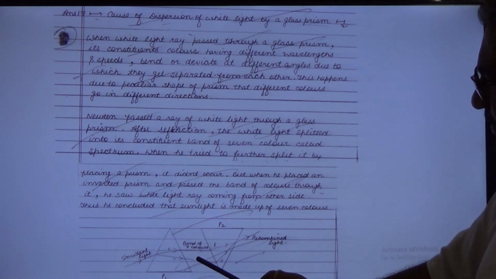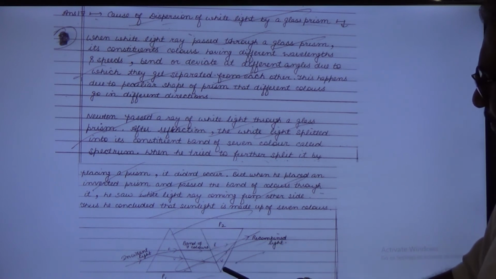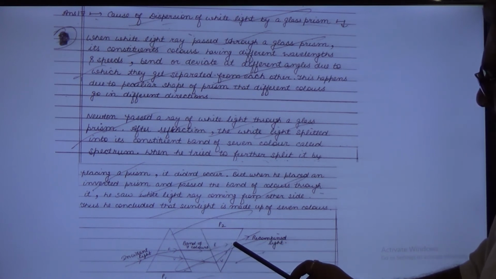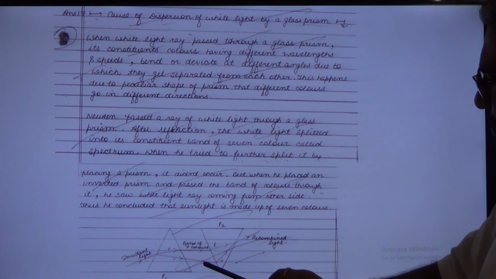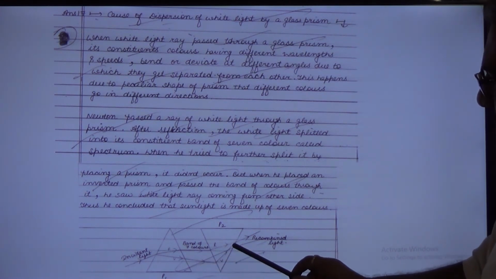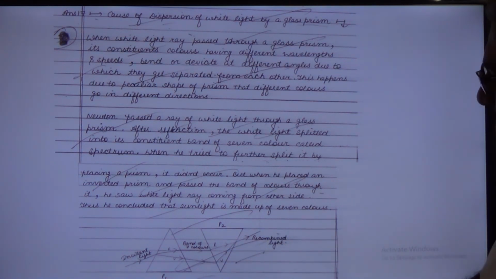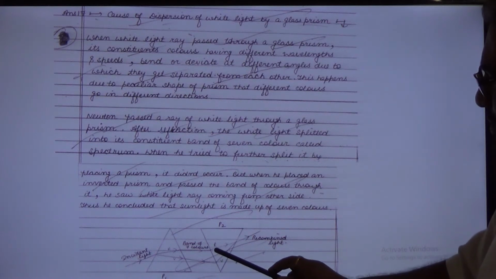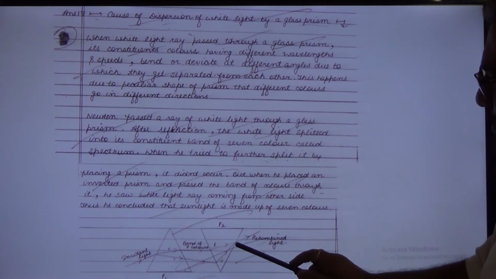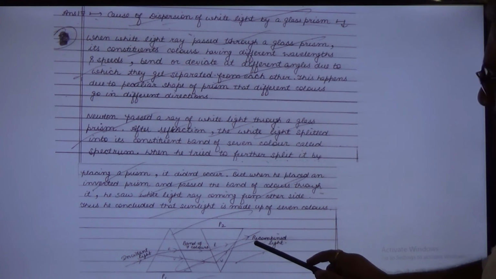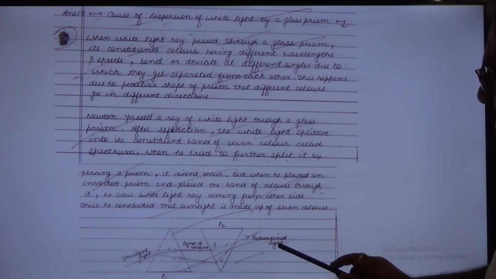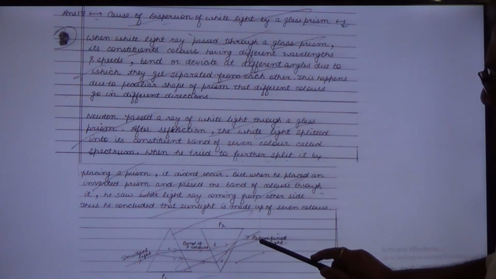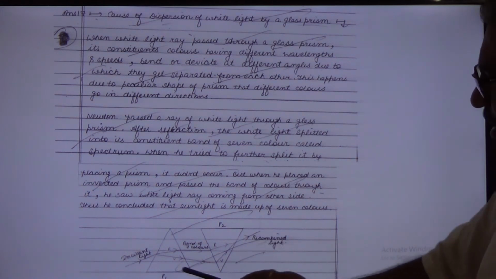Now when this band of 7 colors falls on this face, this will bend further and further. This also will bend like this and this further. Very important, these two rays will join together over here and finally it comes out. This is the recombined light.